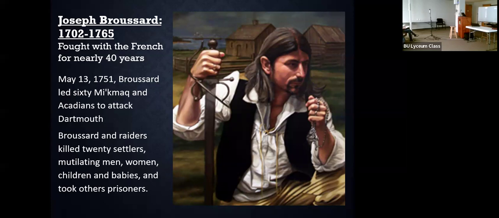Twenty settlers, mutilating men, women, children, babies, took others prisoner. These are the reports from not the survivors necessarily, but the people who went there after it was all done. So the point I'm making is that the brutality continued. There was no age discrimination.